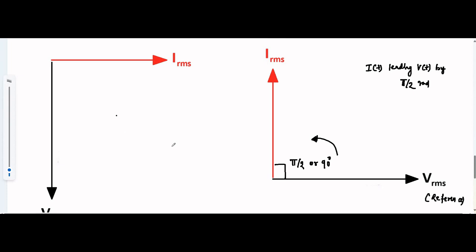This here represents, with Irms as the reference, voltage lagging behind the current by pi by 2 radian or 90 degree.